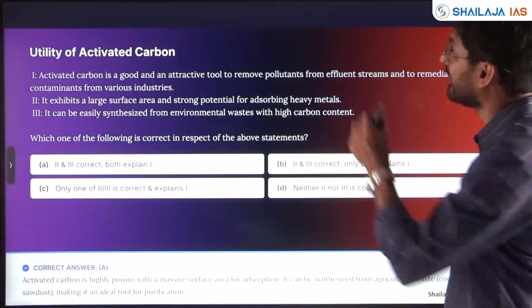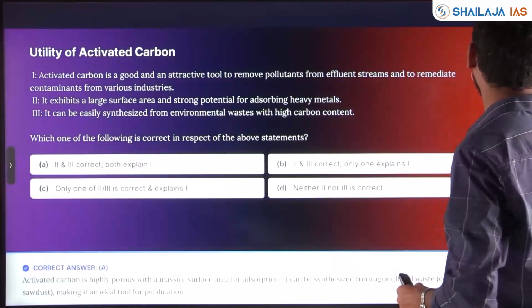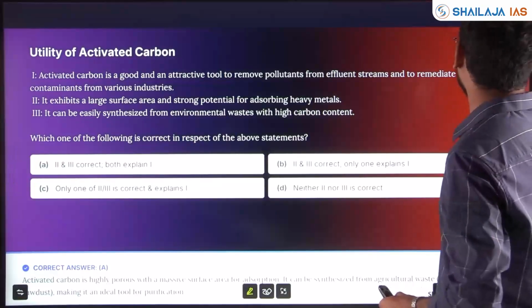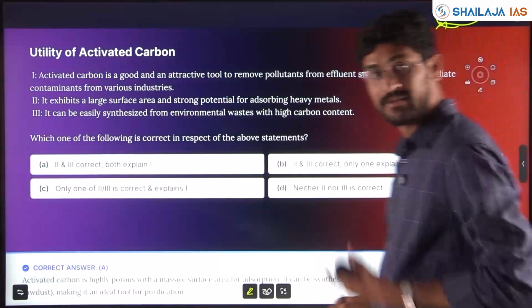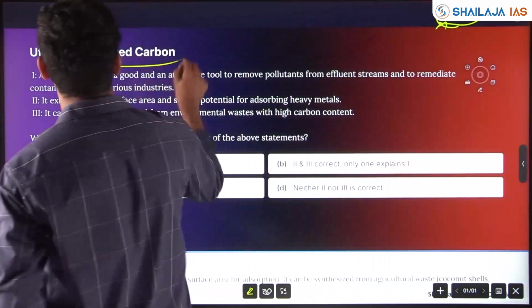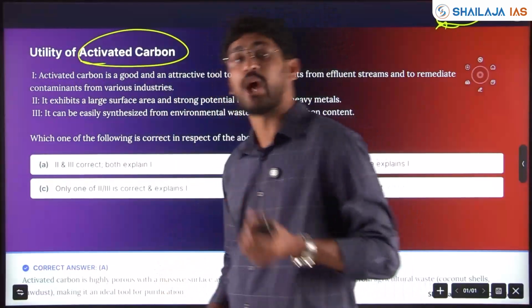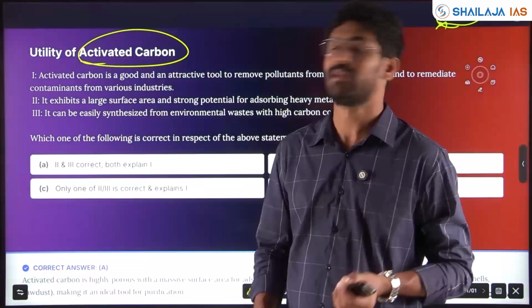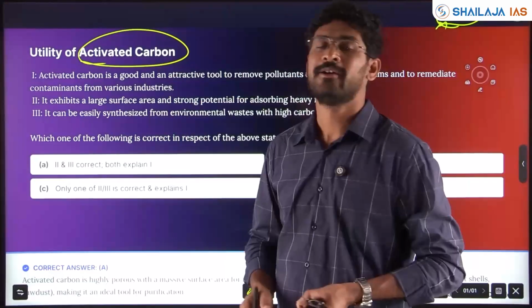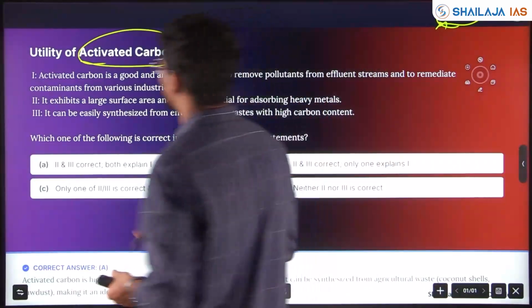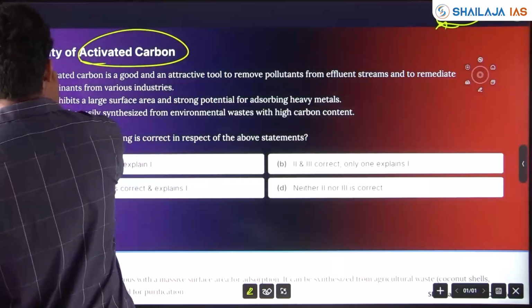Again, 2025, remediation. A question has been asked, the fifth question in 2025 in this theme. With respect to activated carbon. An activated charcoal question had come in 2020 or 21. All this nanomaterial and carbon sequestration, questions have come, and a question has come in 2025.